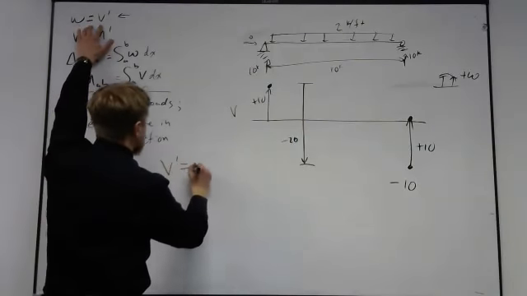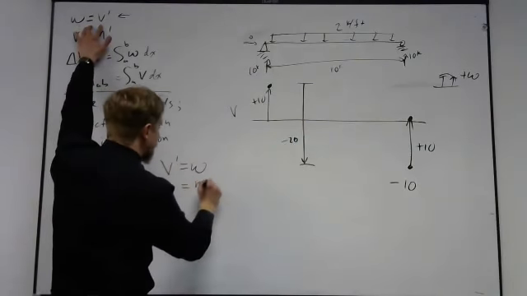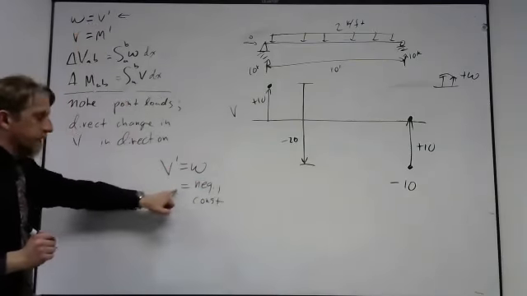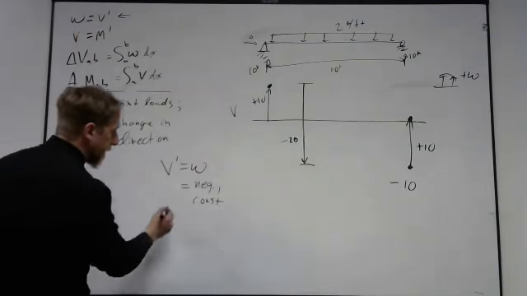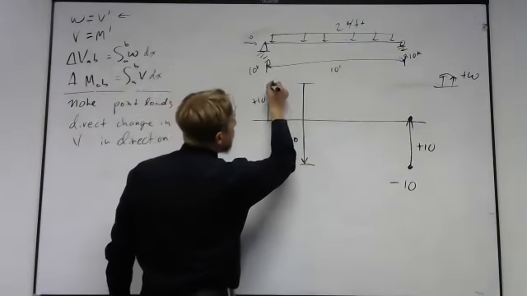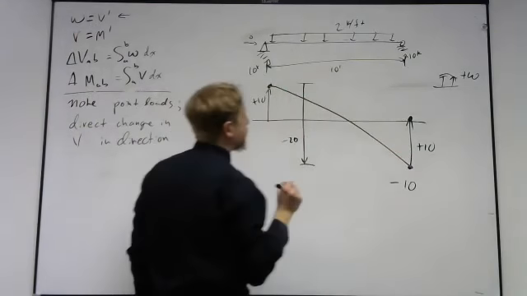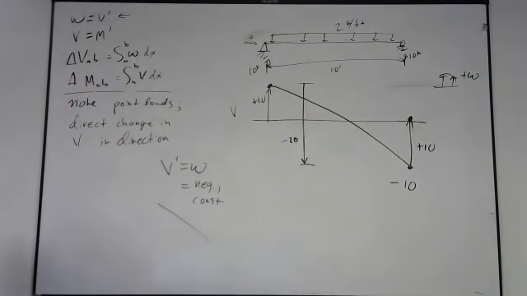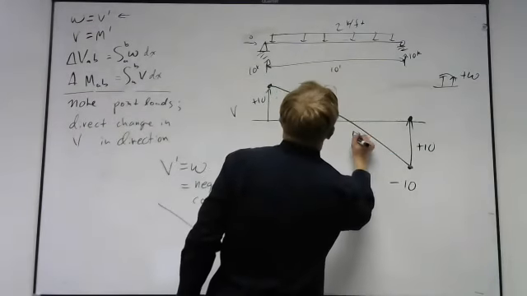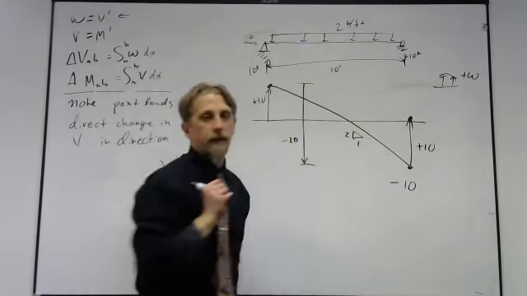V prime is W. It's negative, constant. So the slope of V is negative and constant. Should be a straight line going down. Now I know how to connect the dots. Okay, that should be a straight line. Its slope is W, 2.